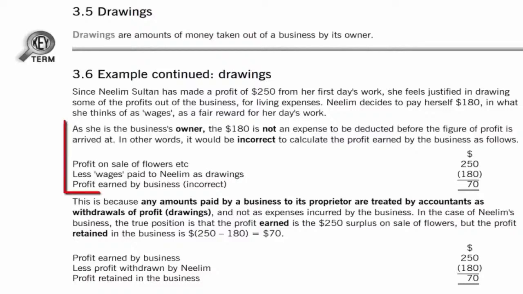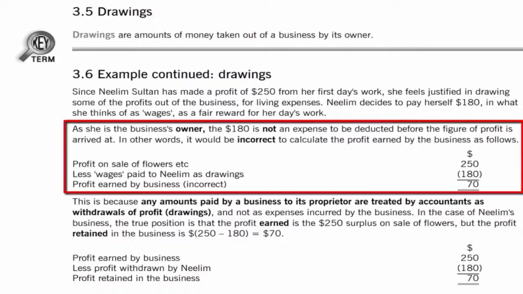Let's look at an incorrect way to calculate the business's profit to understand why drawings aren't treated as an expense. If we incorrectly treated the $180 that Neelam took out as an expense, it would look something like this. Profit from sales, $250. Minus wages or drawings for Neelam, $180.